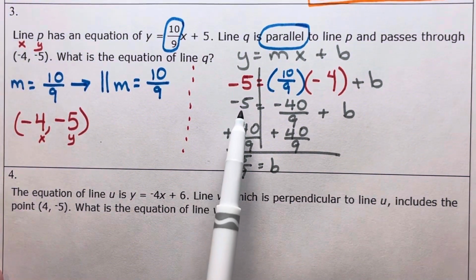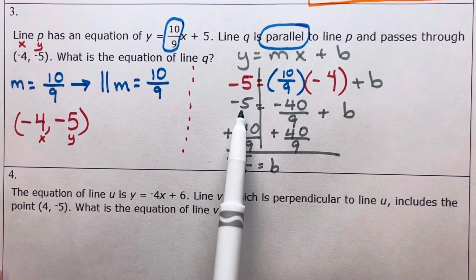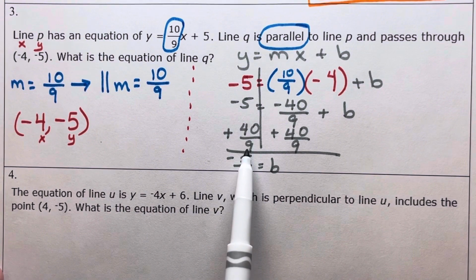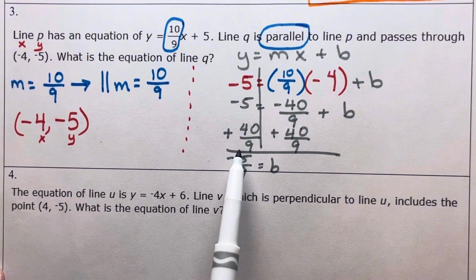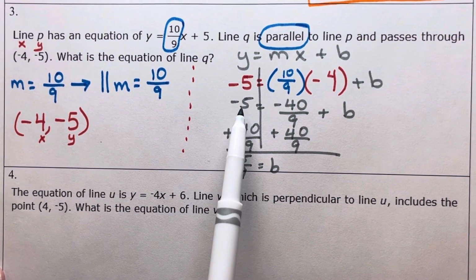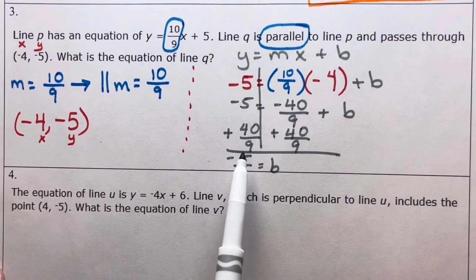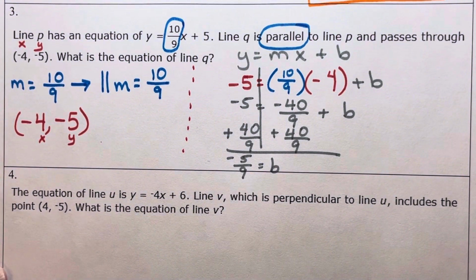We would have had to have found a common denominator between our integer of 5 and our fraction of 40/9. And that common denominator would be 9. So it would have been -45/9 plus 40/9, giving you a result of -5/9.